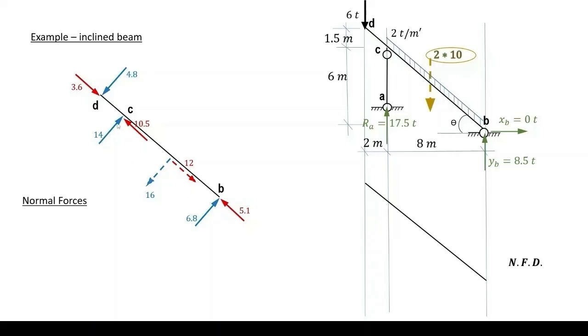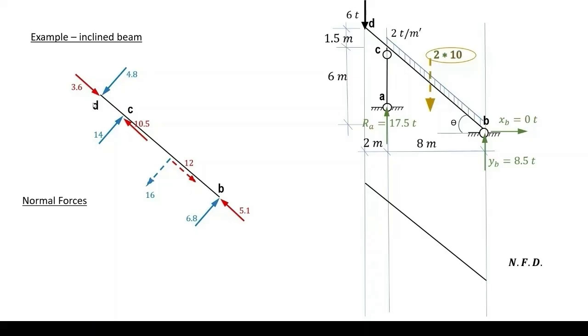Note that there is a concentration of normal at C, 10.5 tons, and therefore the diagram has a normal force for C left and another one for C right. Also note that the 12 tons distributed load is the difference in normal between C and B, and therefore we expect the diagram to be inclined in this part.